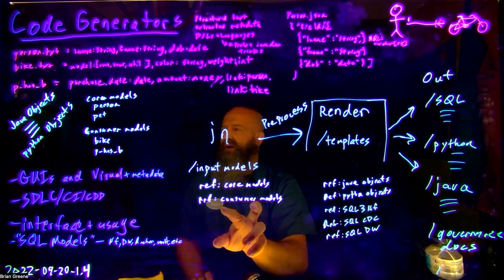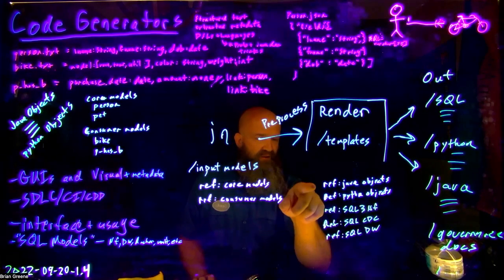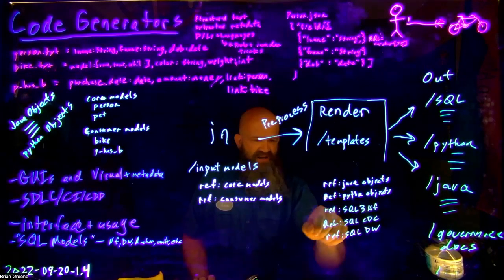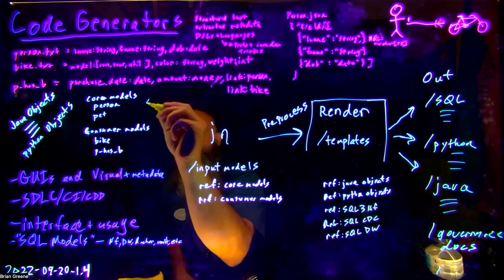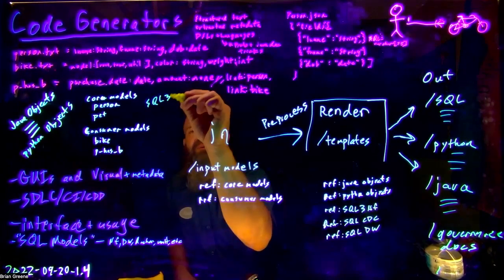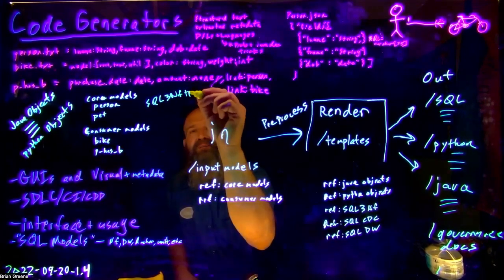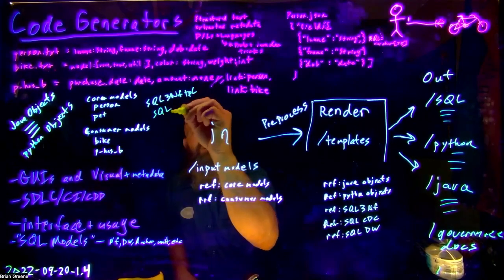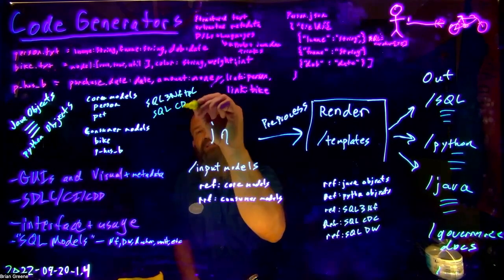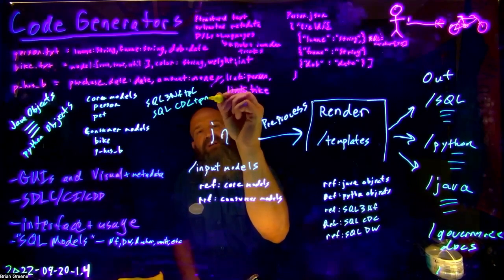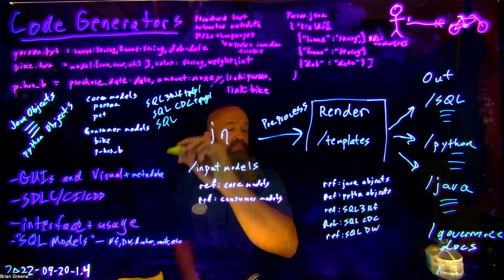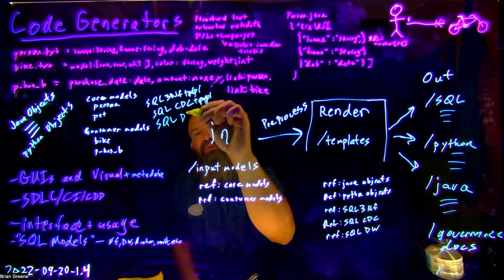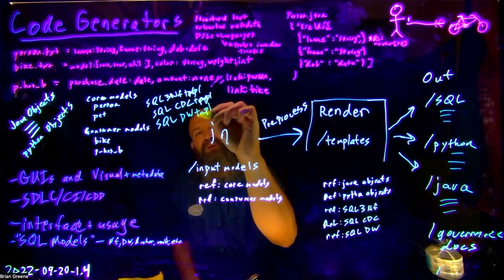We've also got ref Java objects, ref Python objects, and actually you need to draw these over here, right? So SQL 3NF TPL and SQL, CDC, TPL TMPL, and SQL DW, TMPL.